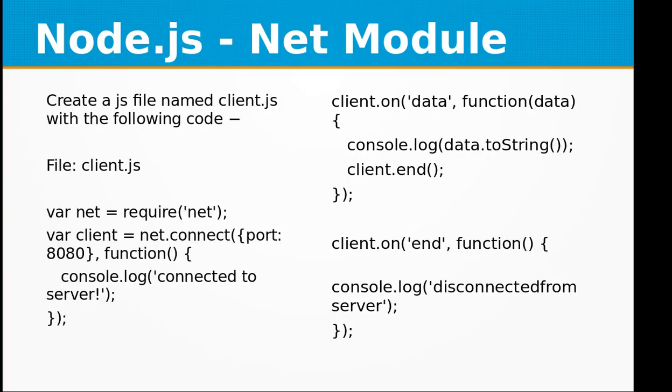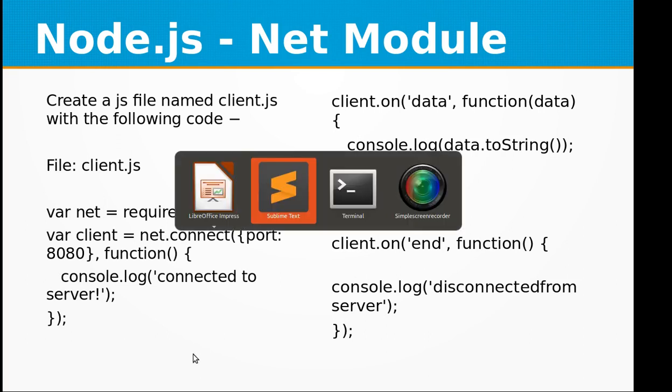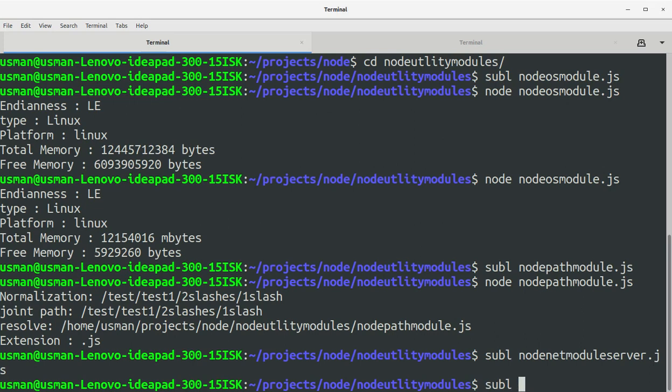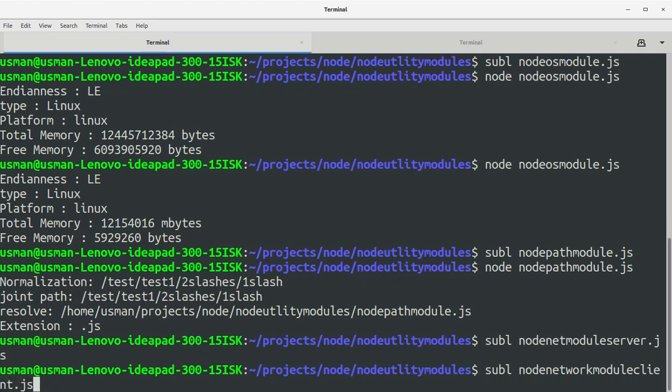The next is the client.js file. Now we need a client file to connect to the server. So I'm going to create node network module client.js.